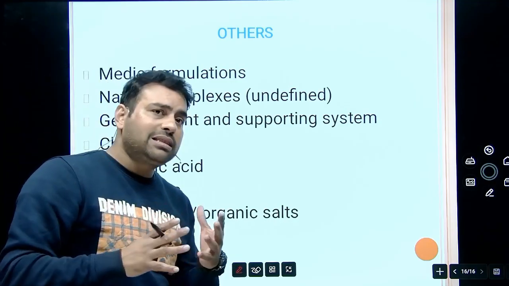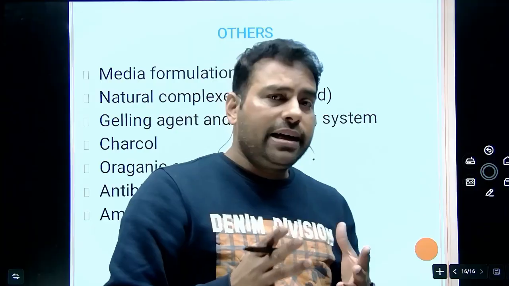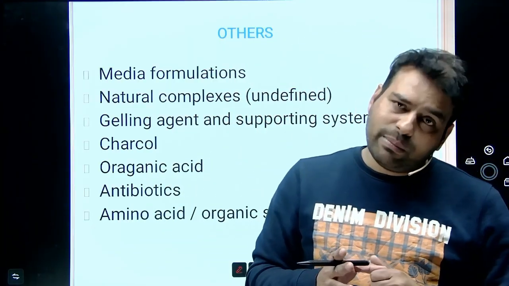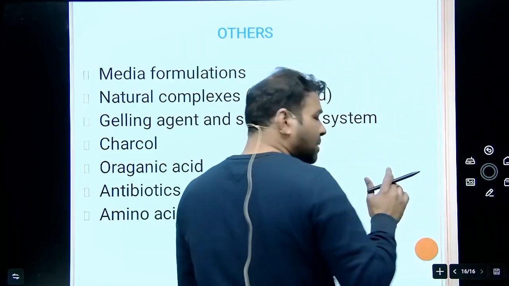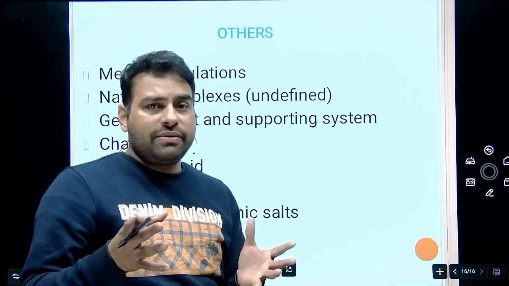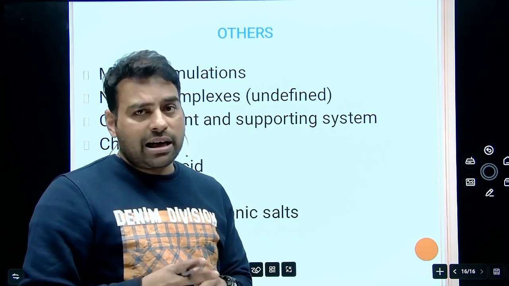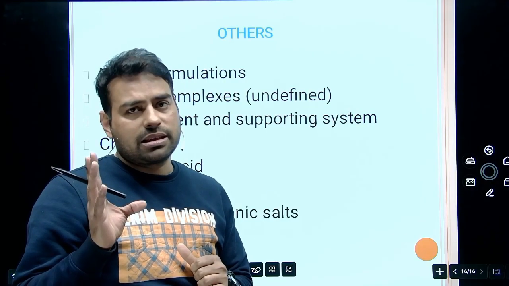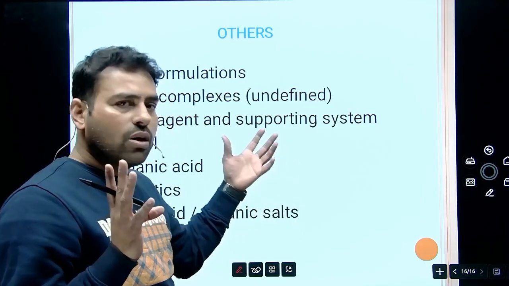Otherwise, ready-to-use MS media is available in the market. All the components are there, we just have to set the pH, add agar, and add only vitamins and hormones, and the other things are already added.